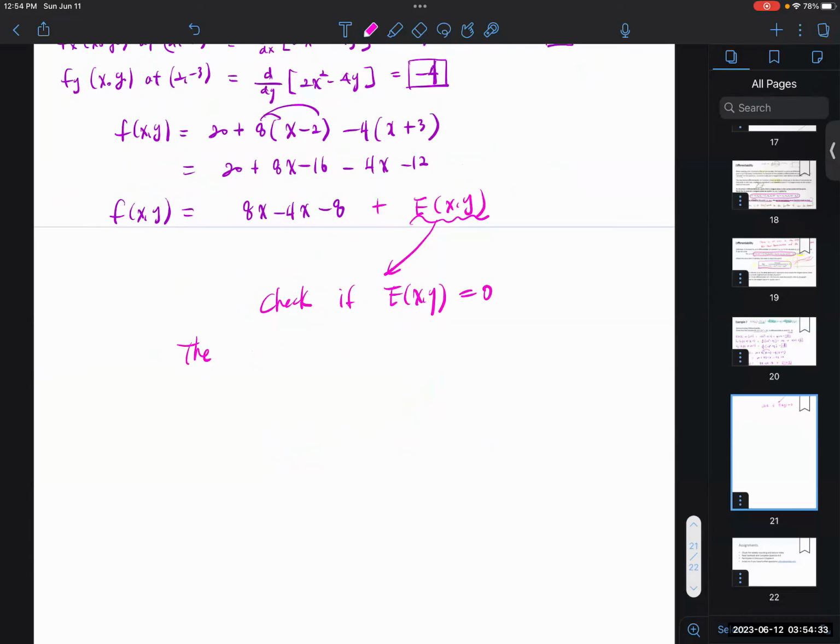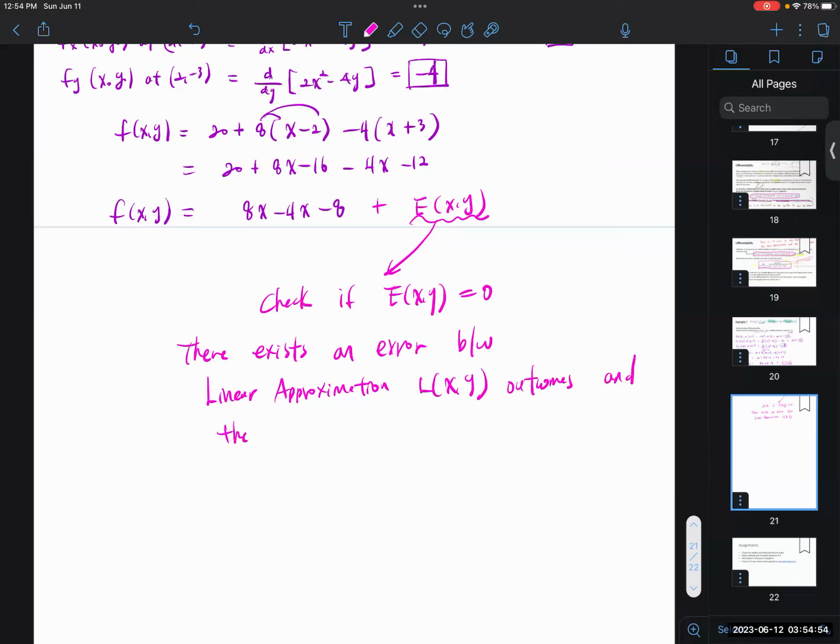Because there exists an error between the linear approximation L of x, y outcomes and the function outcomes, right?